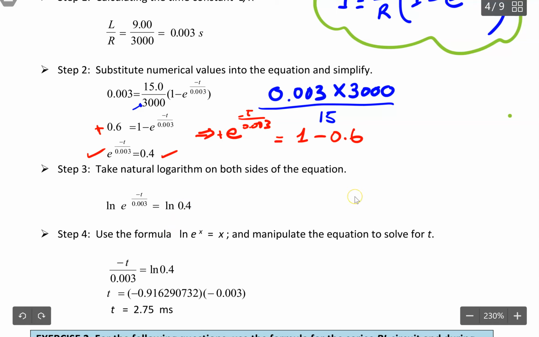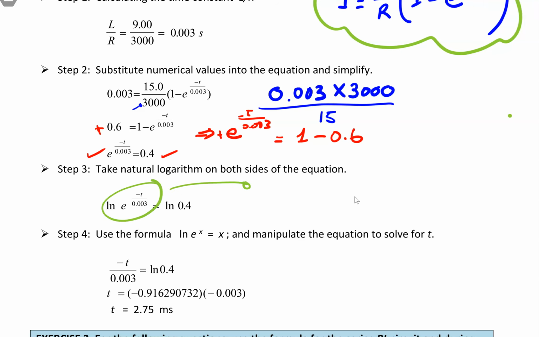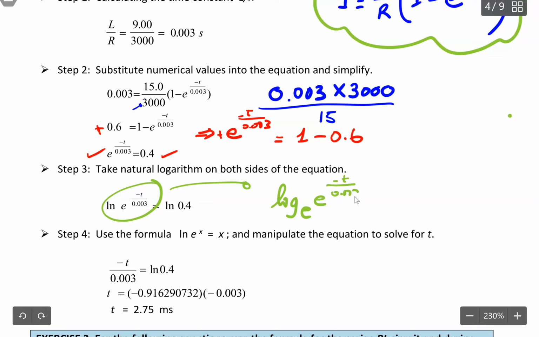So at this point, I want to remind everyone of this. We have the natural logarithm, that means log of base e, and then e to the negative t over 0.03.